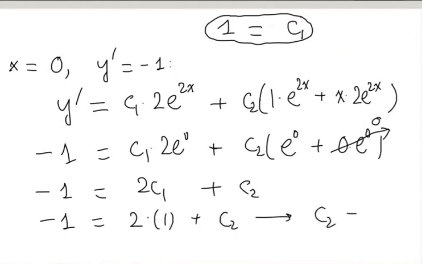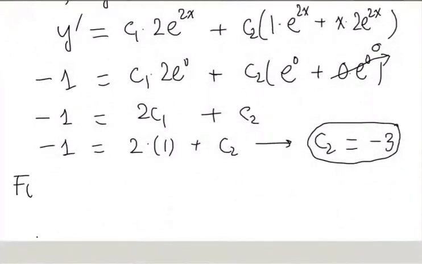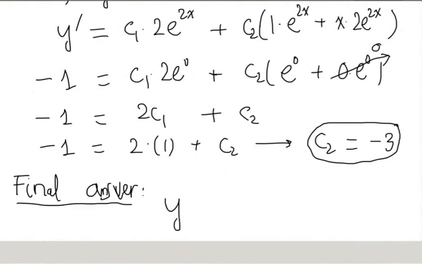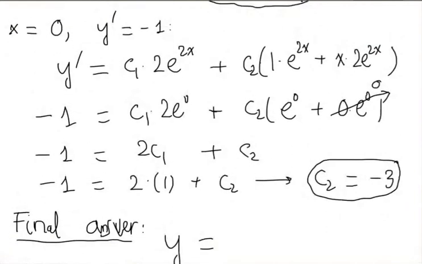From here, we solve for c2, which is -3. Knowing c1 and c2, we have the final answer. The solution to our initial value problem is c1, which is 1, e to the 2x, plus c2, which is -3, x e to the 2x.